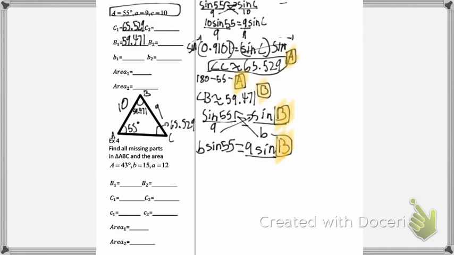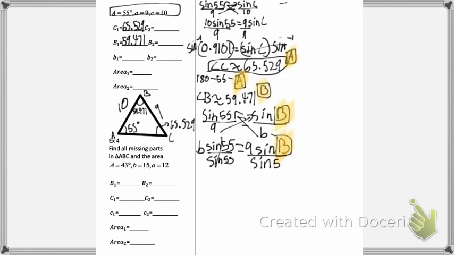Oh wait, hold on. Let's not divide 9, my bad. You divide sine 55 from both sides because we're trying to find what side B is.